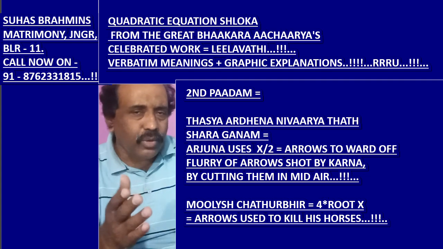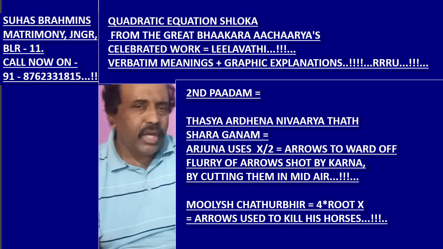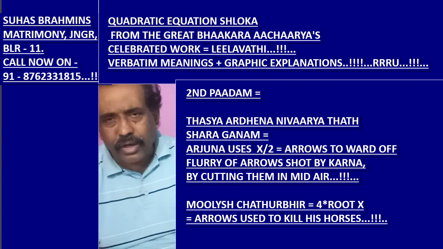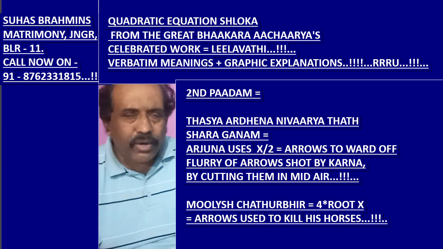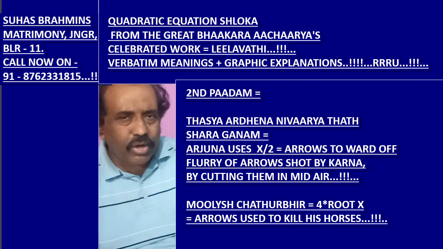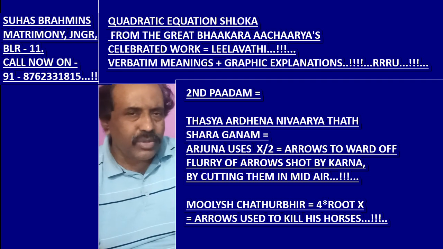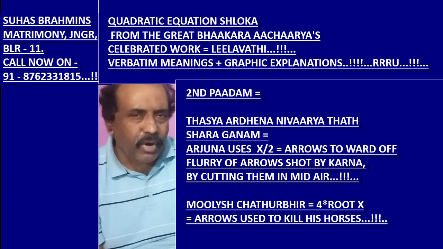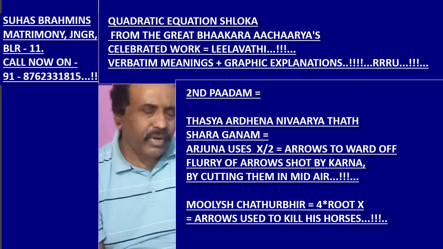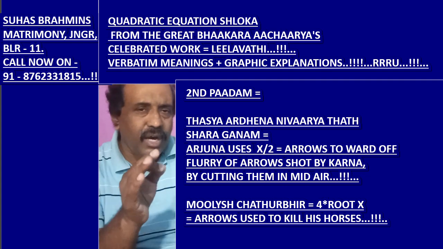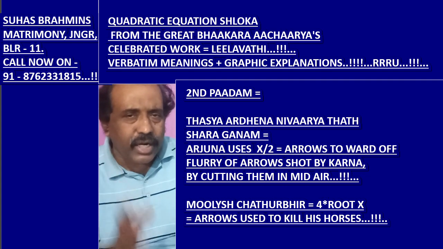So X by 2 will be the number of arrows used to ward off or cut off the flurry of arrows shot by Karna in the midway. So X by 2 number of arrows he used to chop off the flurry of arrows shot by Karna in the midway.